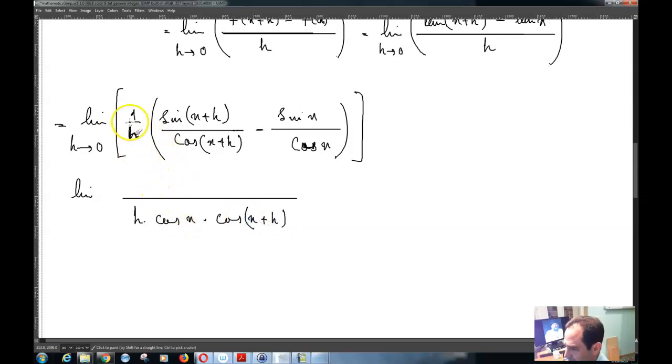And then over here you can write this as cos x times sine of x plus h.